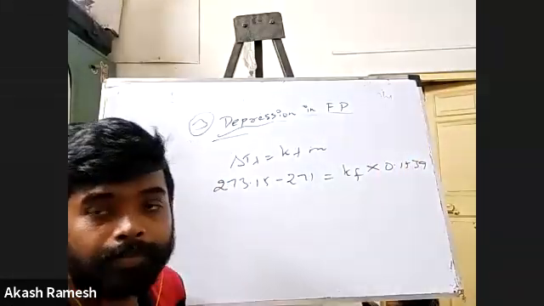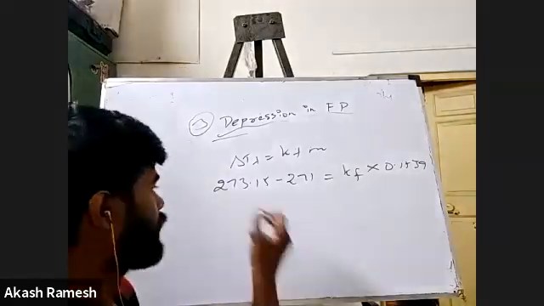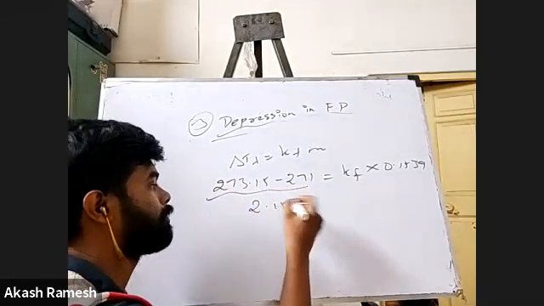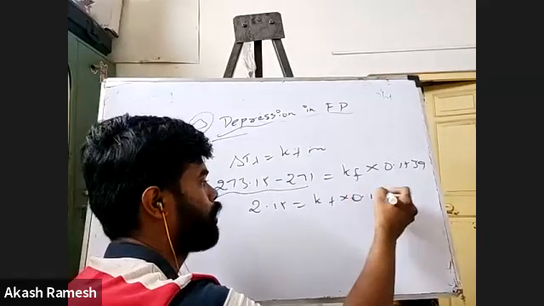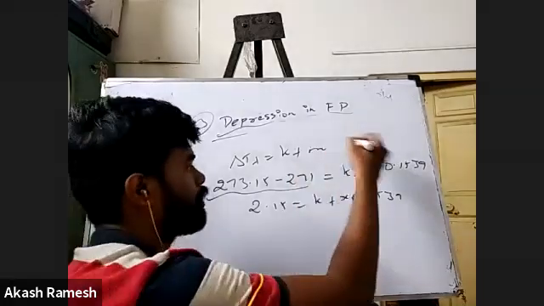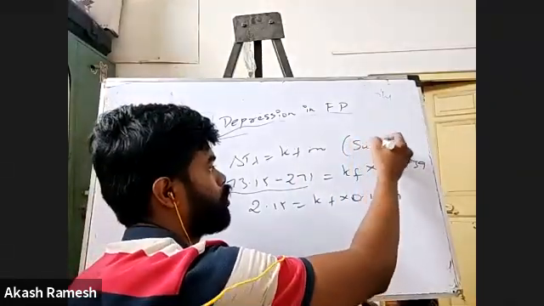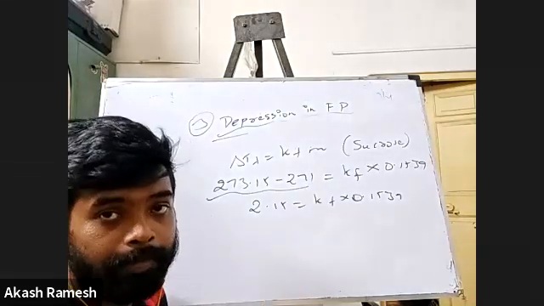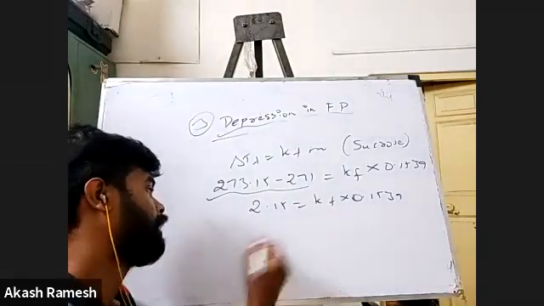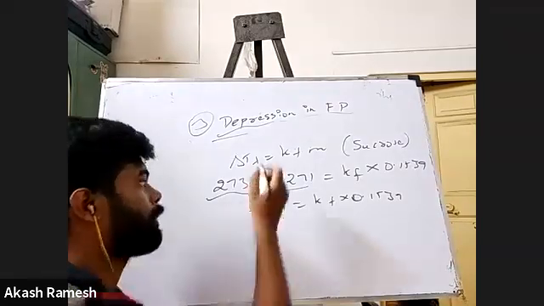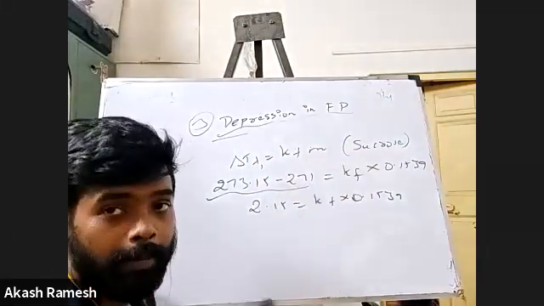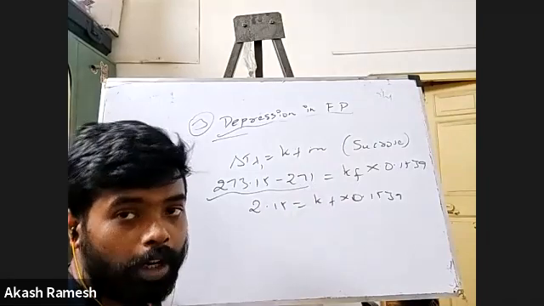Okay, so can I say this value would be 2.15? So 2.15 is equal to KF into 0.1539. I'm doing this for the sucrose solution, or the cane sugar solution. All this is given in the question. Okay, fine. Now let me call it delta TF1 for sucrose, and delta TF2 for glucose.